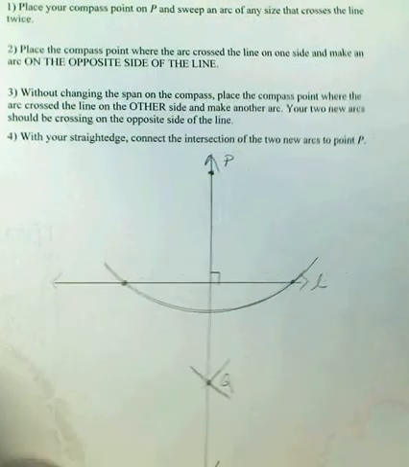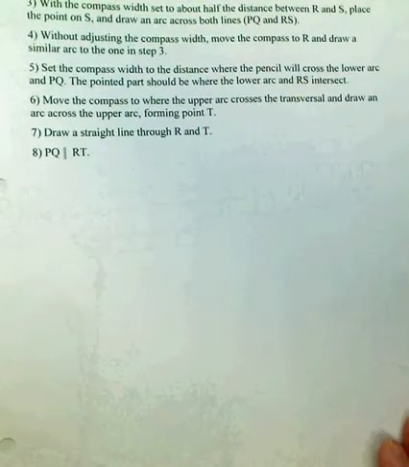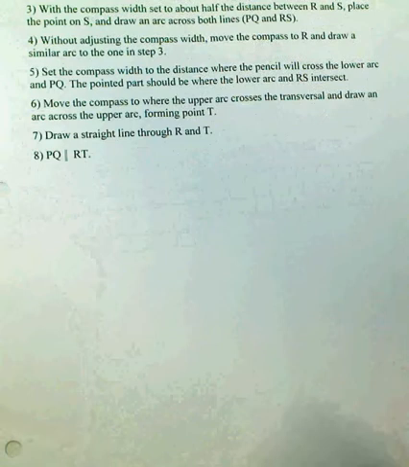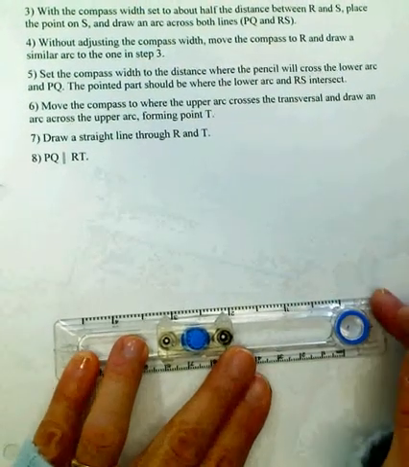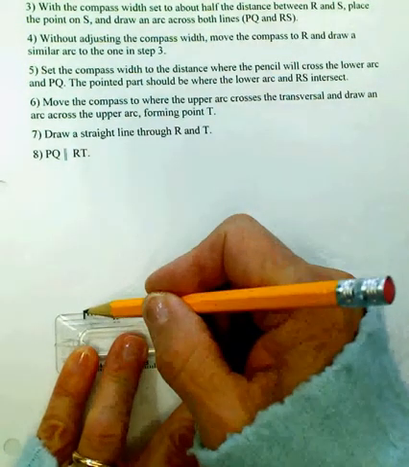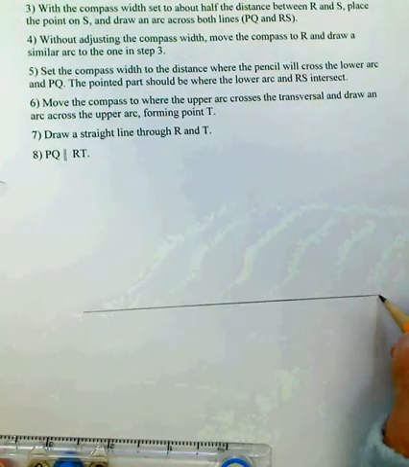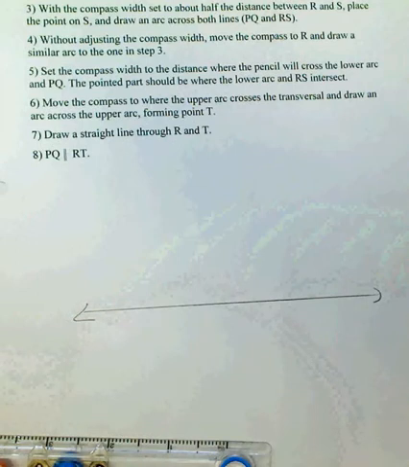Right. And finally, construction 8 is not about perpendicular, it's about parallel. And parallel is going to have us draw a line parallel to a given line through a point that's not on the line. So again, here's our line L. Draw that.